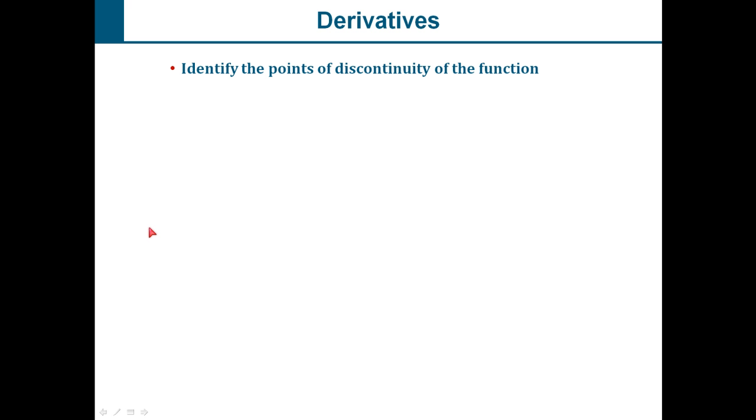Since f of x is continuous in each subinterval, the only points of discontinuity will reside at the boundaries of each subinterval. Then, it is sufficient to study the left and right limit of f of x at each subinterval boundary.